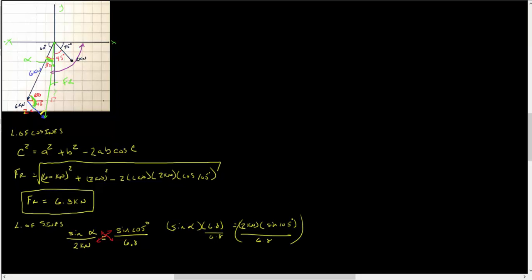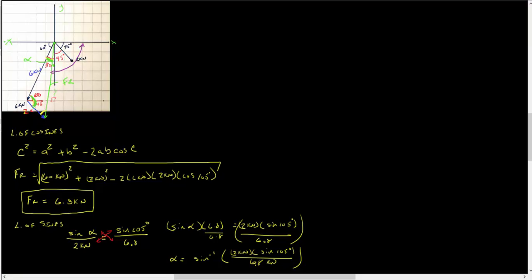Now if I look at this, alpha is equal to the arc sine of 2 kilonewtons times the sine of 105 degrees all over 6.8 kilonewtons.